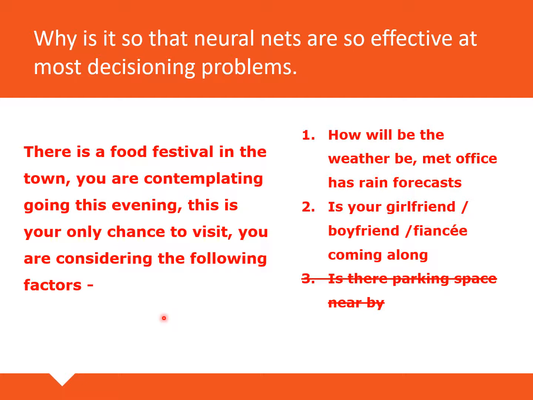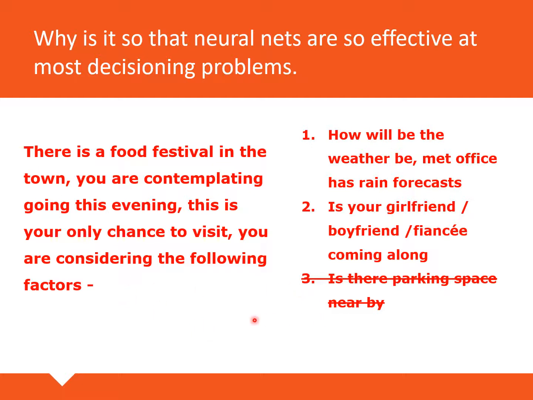And in order to decide, there are three factors that you were considering, right? The first factor was how will the weather look in the evening? Will there be rain? The second factor was what company will you have if you go. So is your fiance, your girlfriend, or your boyfriend willing to come along to the event?